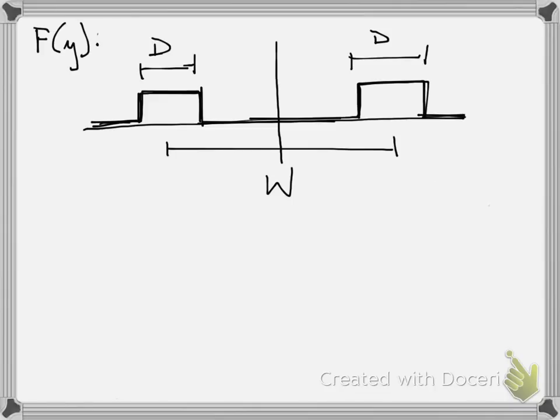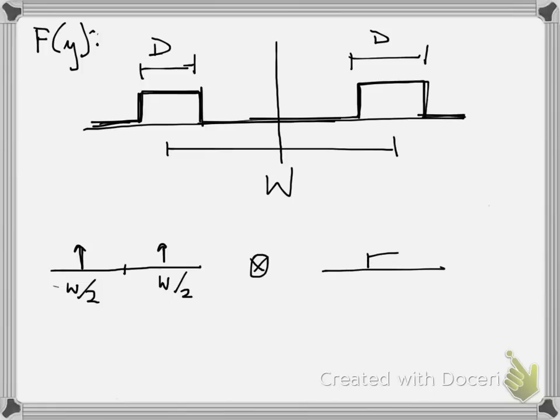So I'm going to call this my f of y. F of y is basically two delta functions spaced W apart, convolved with a hat function of length d.